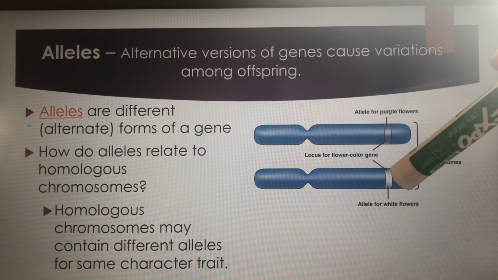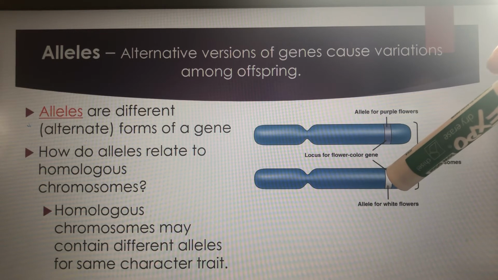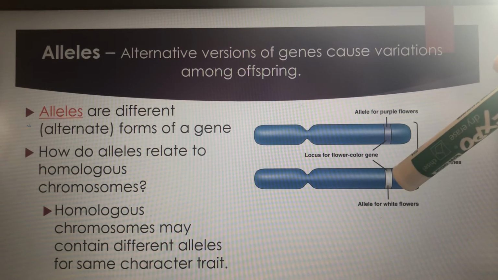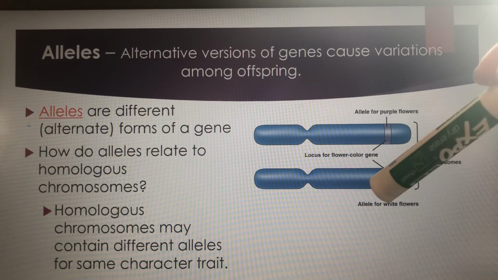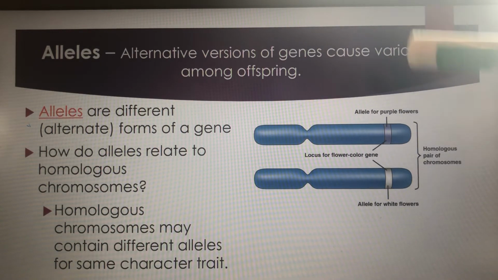Unless you've got your identical twin as who you made it as your mom and your dad, but it doesn't work that way because you have to have different sexes. So it just doesn't work. But alleles are different forms, or they could end up having the same allele for a gene.